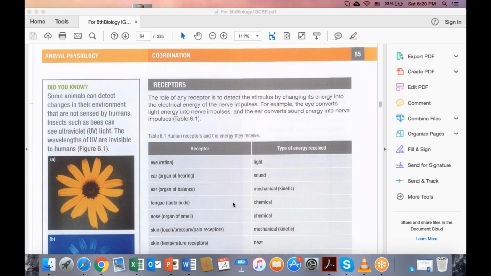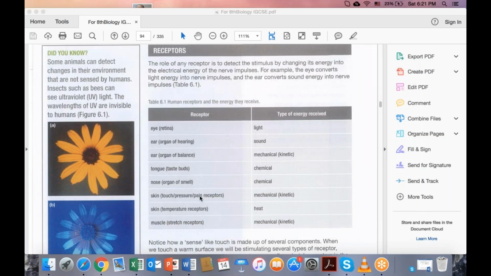For example, by using our eye we receive light changes. By ear, we sense sound changes, and the receptors in our ear convert this change to a nerve impulse, which is again carried by our nerve cells. The same goes for the tongue, nose, skin, and many others.